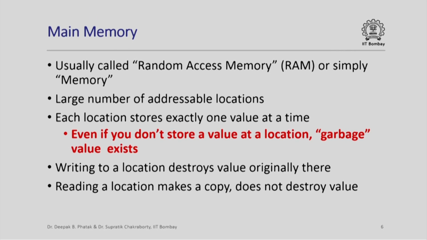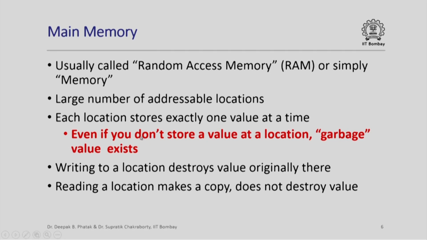If you stored it, then it contains the value that you stored. If your program stored it, then it contains the value that the program stored. Otherwise it contains some arbitrary garbage value. So when you are accessing a location in a memory, you should be prepared to encounter garbage values if you have not already saved something, or if your computation has not already saved something there.